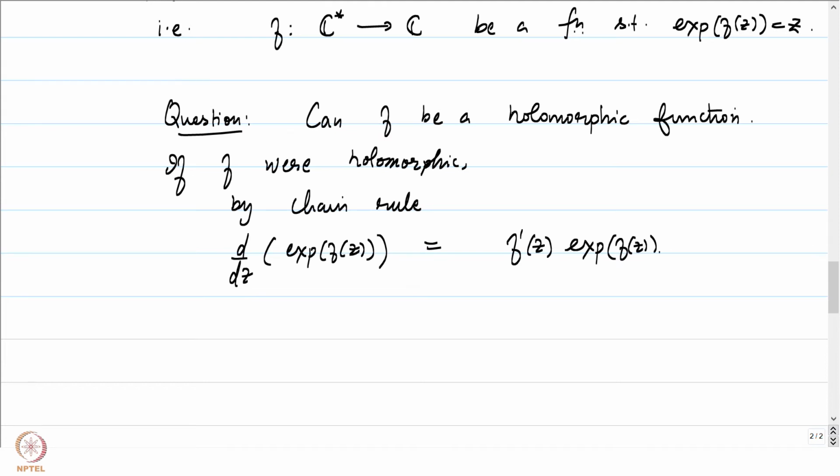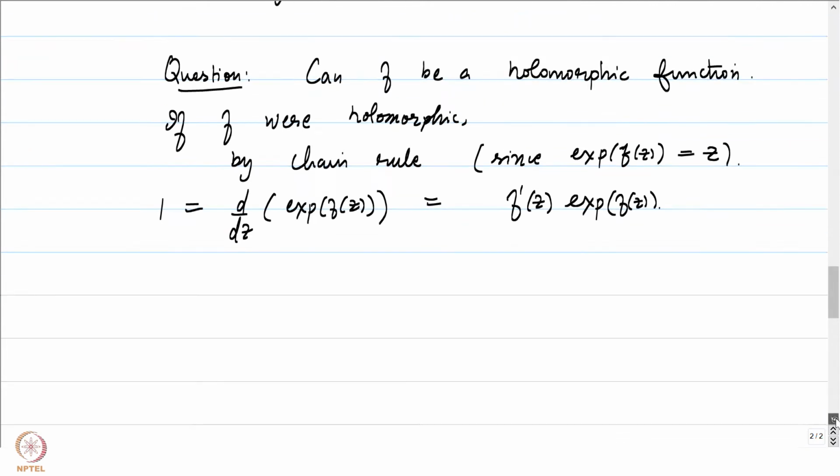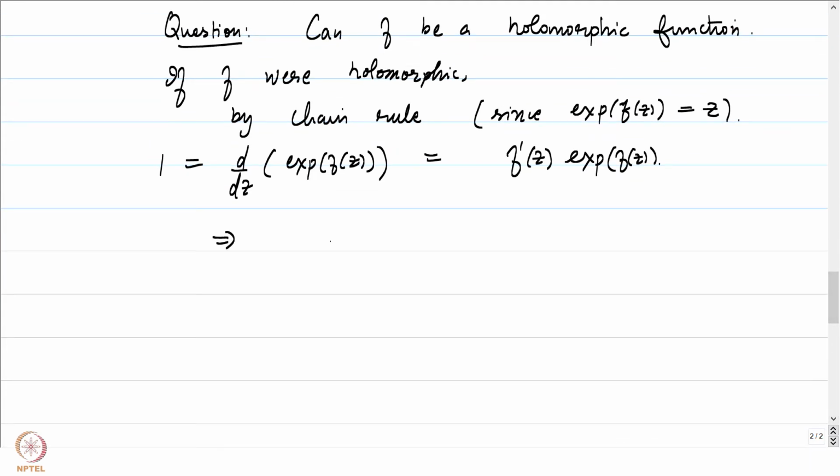But what is exp of f of z? Exp of f of z is just equal to z, right? Because it's the branch of the logarithm, and hence by the very definition exponential of f of z is equal to z, and this is equal to 1 because the derivative of the identity function is 1, which tells us that f prime of z.